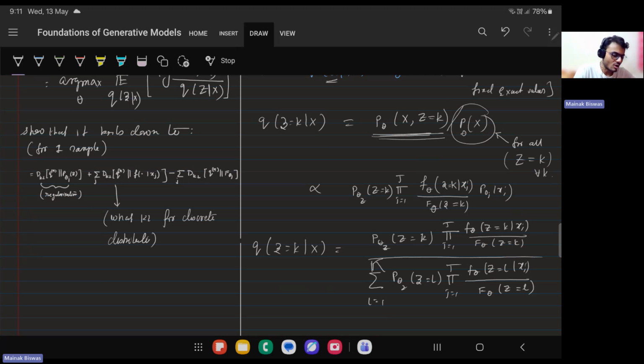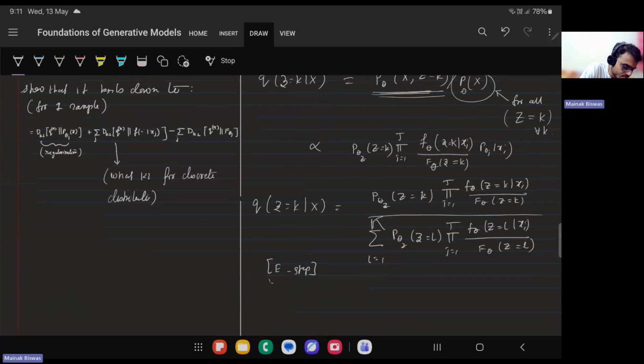This is just the summation over all the z equal to L values. So this is my E step. I exactly know the E step, I exactly know the variational distribution.